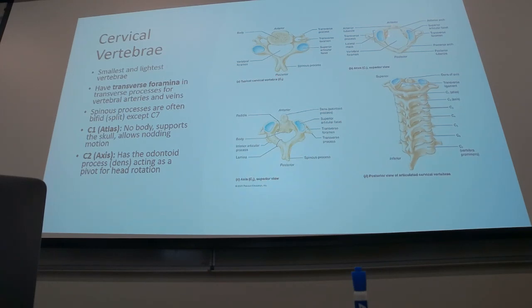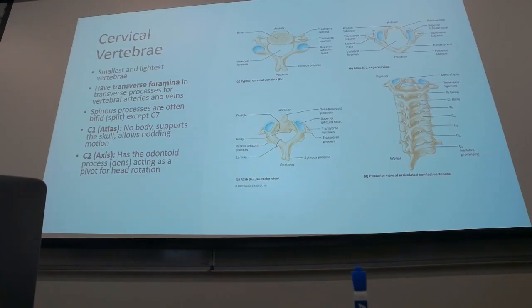Now, in this anterior arch, the atlas has a surface for articulation with this process from the second cervical vertebrae. The second cervical vertebrae is known as the axis, and this process that faces superiorly is called the dens or odontoid process.